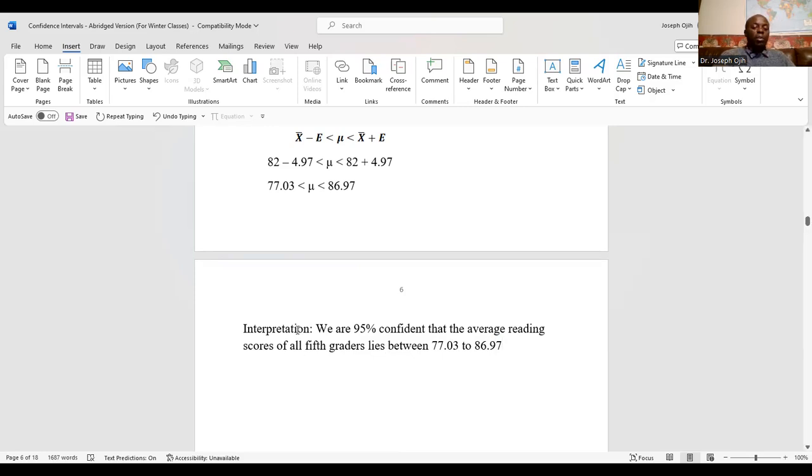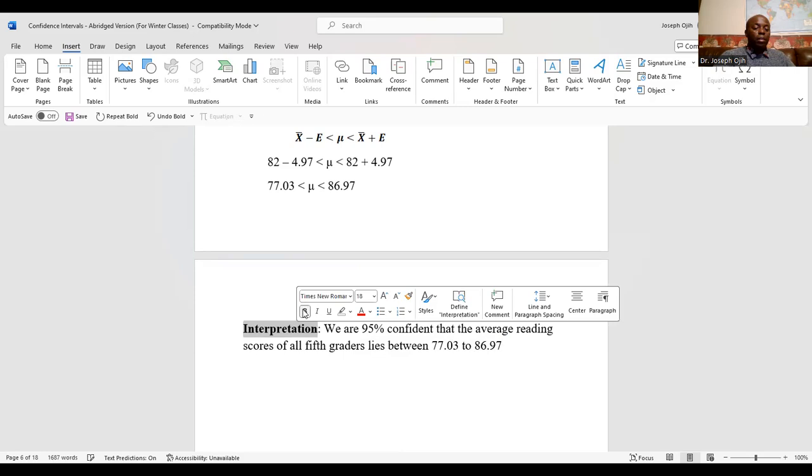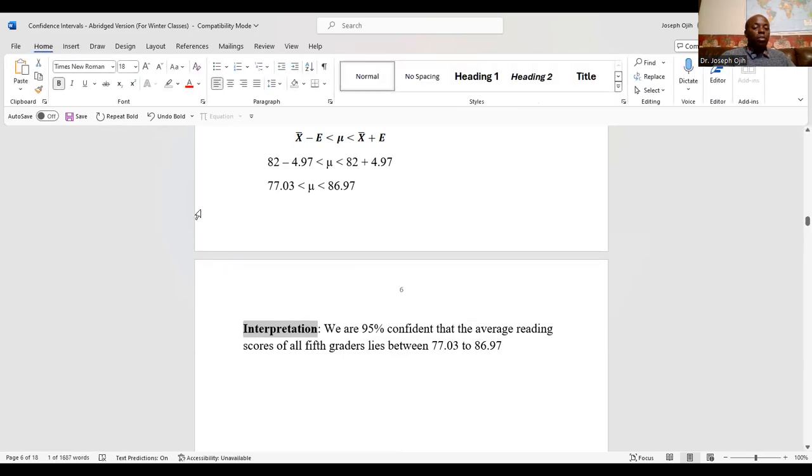So that's the interpretation. That will give you the full credit. Any question on this one?